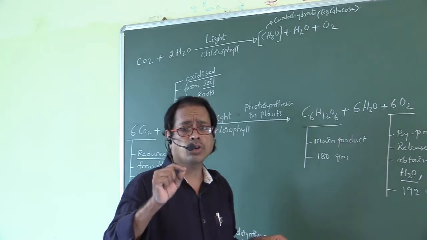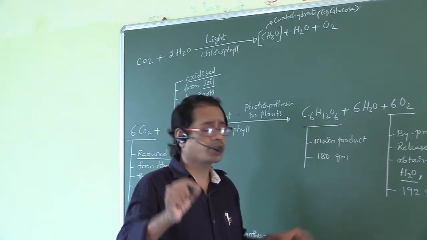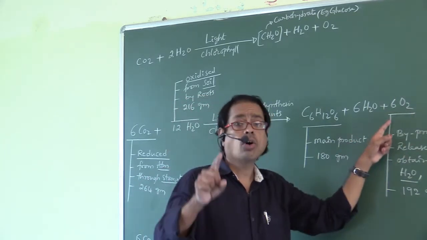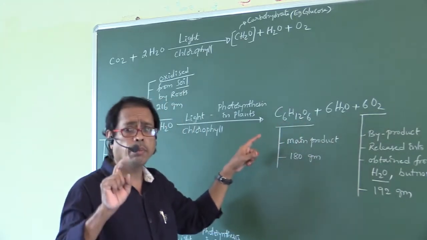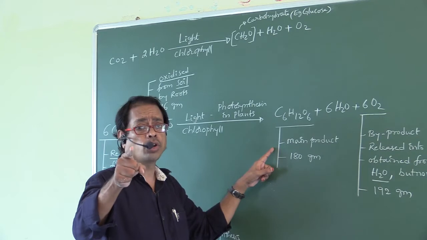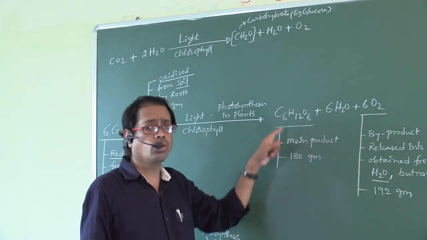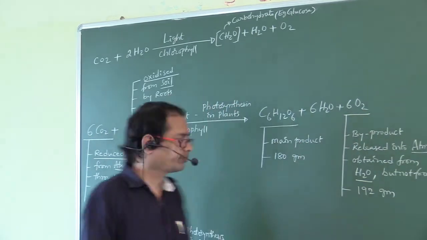In photosynthesis of green plants, oxygen is evolved, and the main product is glucose. The main product in photosynthesis is glucose. The byproduct in photosynthesis is oxygen, right?